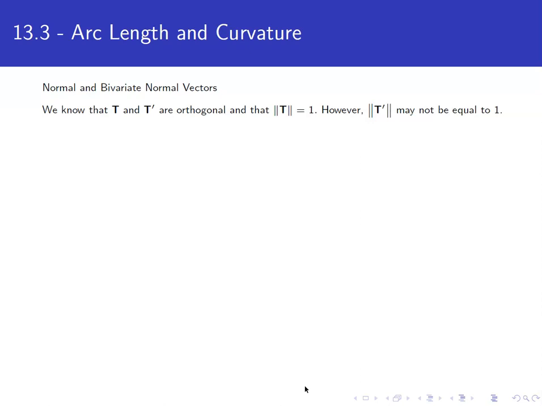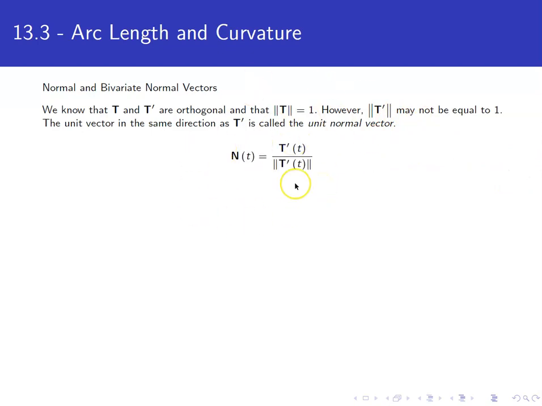Switching gears a little bit, let's talk about the normal and binormal vectors. We know that the unit tangent vector and its derivative are orthogonal, but just because we have a unit tangent vector doesn't mean its derivative has a magnitude of 1. We can change it to a vector that has a magnitude of 1, though, by doing our standard divide by the magnitude, and we'll call that the unit normal vector.